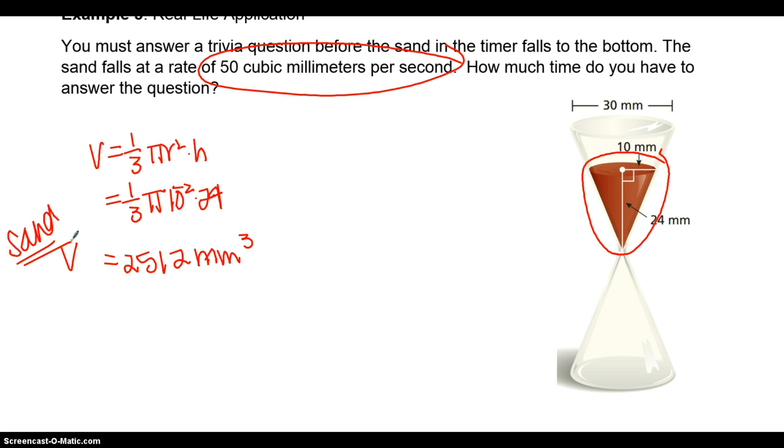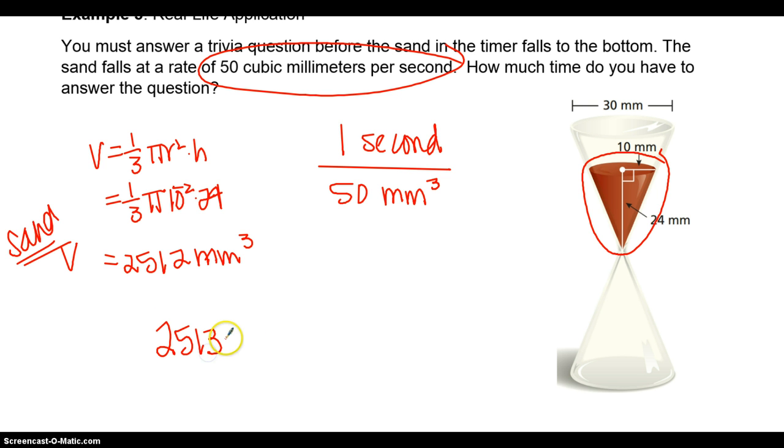The next thing you need to do is find the amount of time. In order to do that, you know that in 1 second, 50 cubic millimeters, which is the same thing as millimeters cubed, fall. So the way you need to do this is a conversion. 2,513 millimeters cubed, multiplied by 50 millimeters cubed over 1 second.